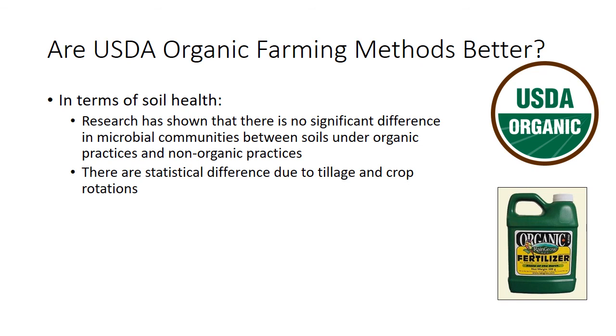And so that additional tillage is a huge detriment to soil health and also soil erosion. So what's more important is the cropping system and how tillage is used and the types of crop rotations that are used. What's less important is whether it's labeled organic or not.